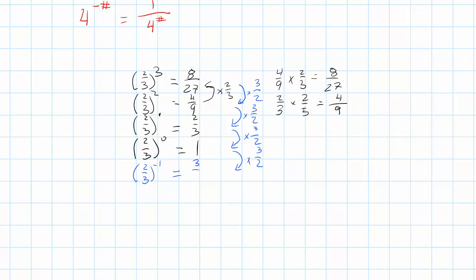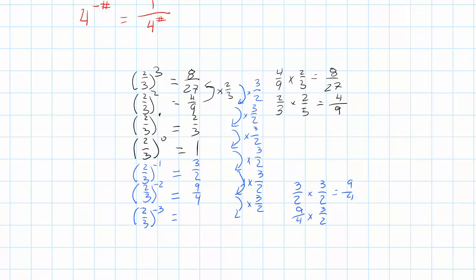That'll just be 3/2. 2/3 to the negative 2, that's multiply by 3/2 again. 3/2 times 3/2 is 9/4. And one more time, 2/3 to the negative 3, that'll be 9/4 times 3/2, which is 27/8.